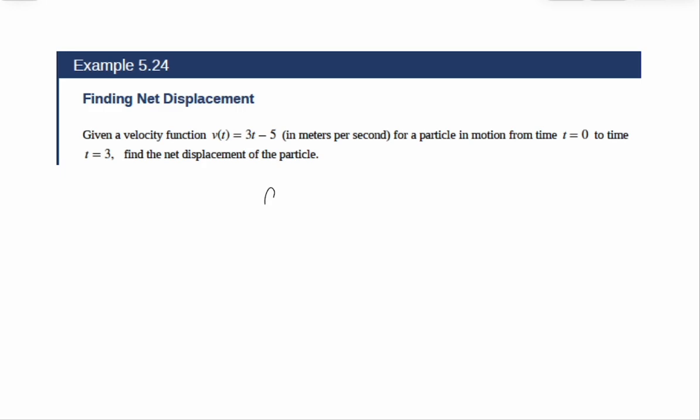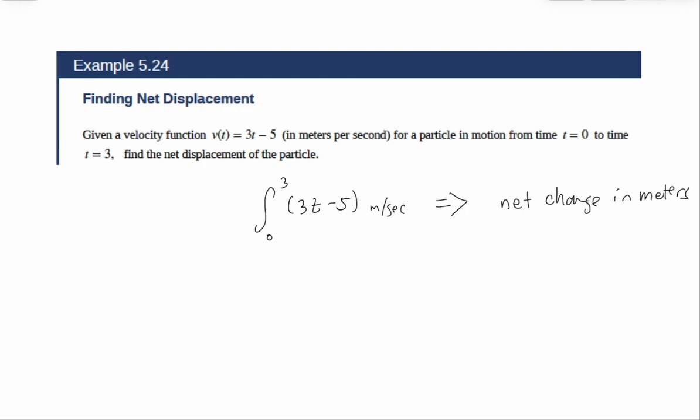Well, all we have to do is integrate something that is in meters per second, and our answer is going to be the net change in meters. And that's directly related to the fact that our antiderivative of a velocity is a position.